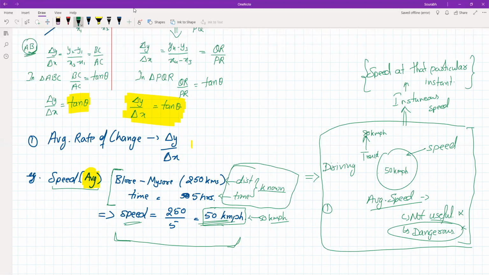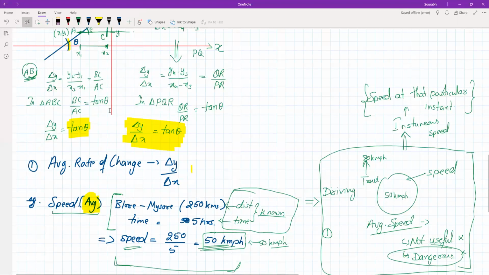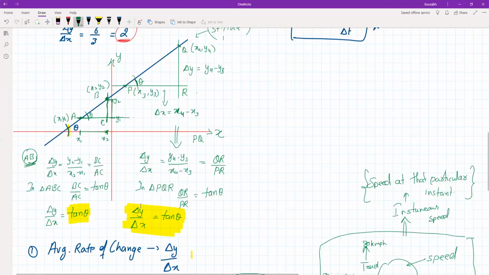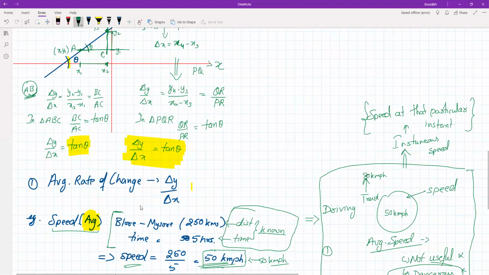Okay, now if we see this, if a change is like a straight line, we have just proved that the rate of change is always going to be constant.